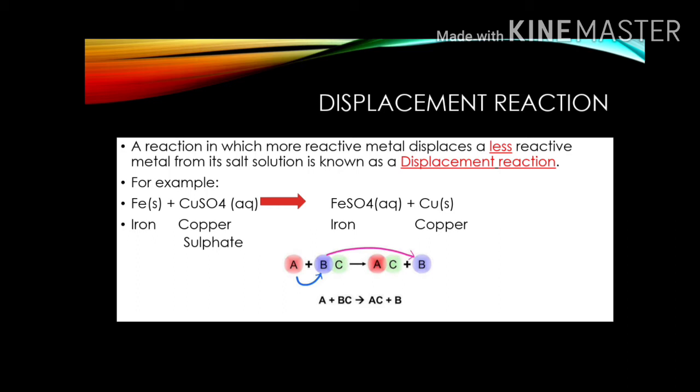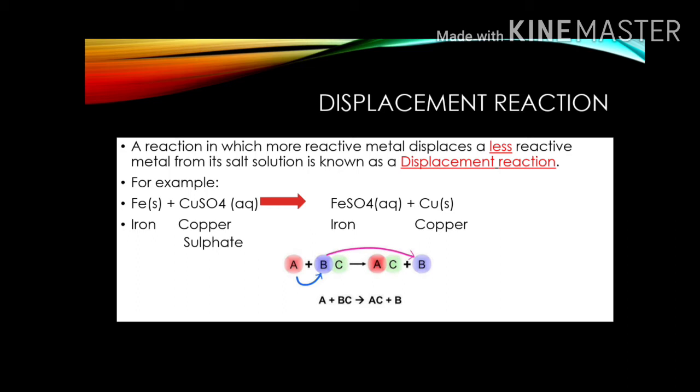Aqueous form means the solute is in solution form. So what do they give? Iron sulfate, FeSO4 plus copper. Or we can say iron plus copper sulfate, and what do they give? Iron sulfate plus copper, and the iron sulfate will be in aqueous form, that means in the solution form.